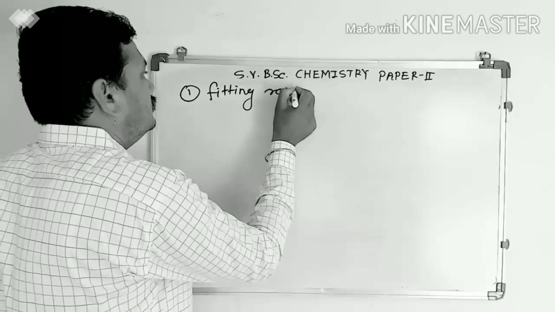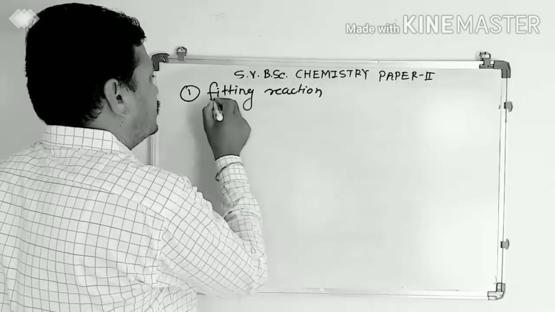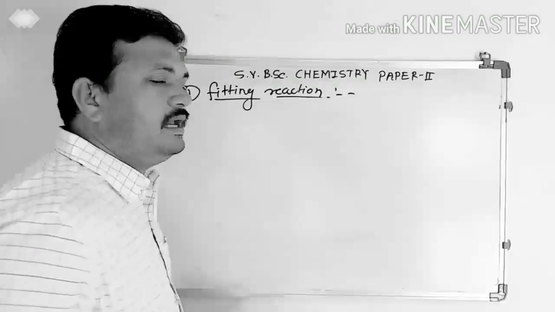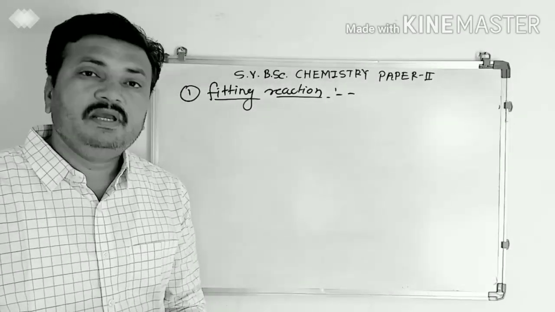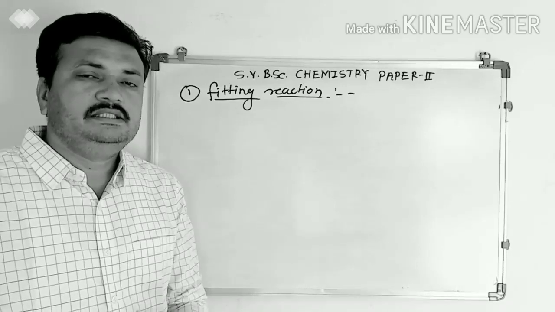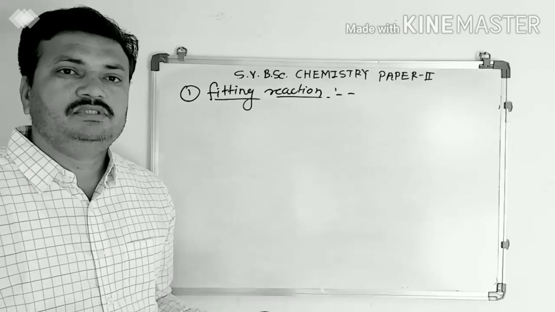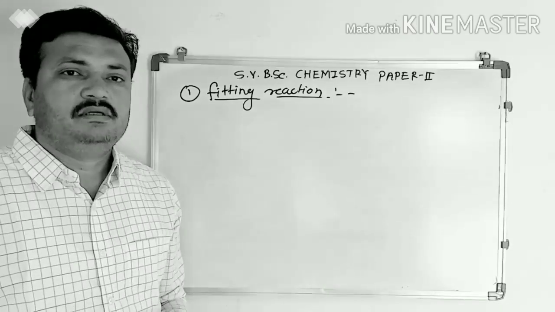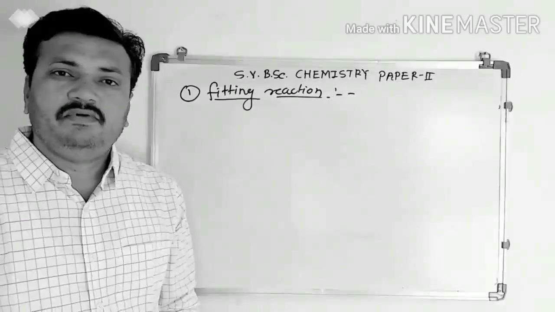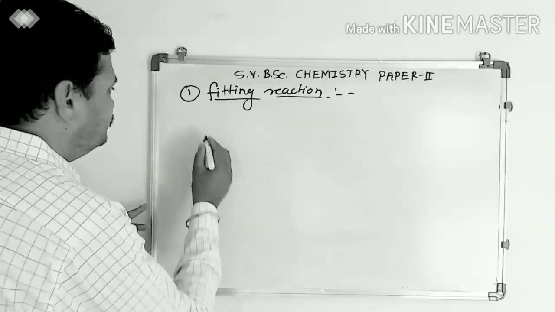Fittig reaction. Aryl halides undergo the coupling reaction. When aryl halide is treated with sodium metal in dry ether, then it forms the coupled product, and this reaction is known as Fittig reaction. Let's see.